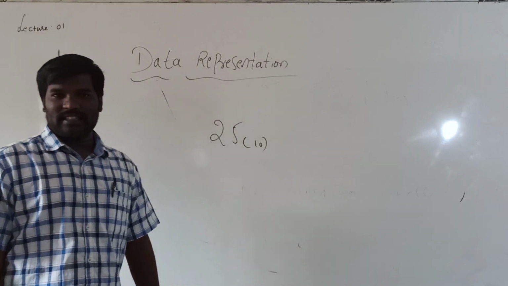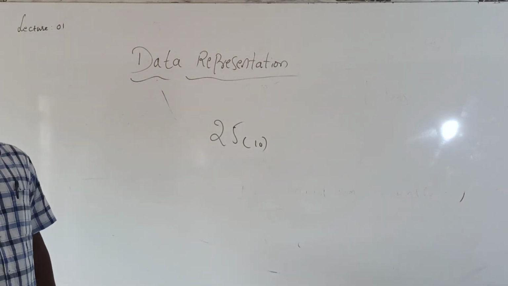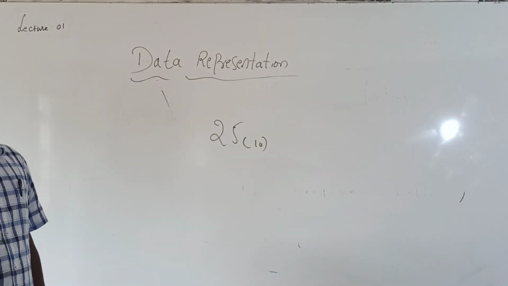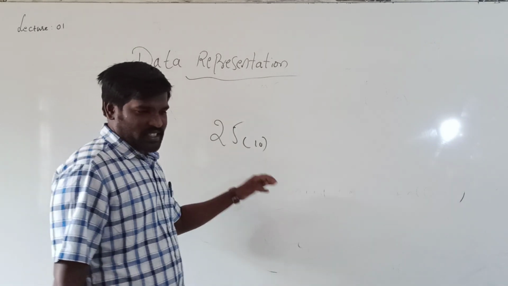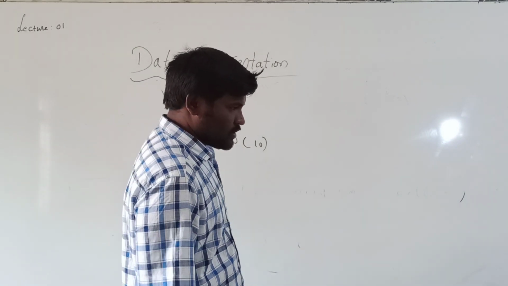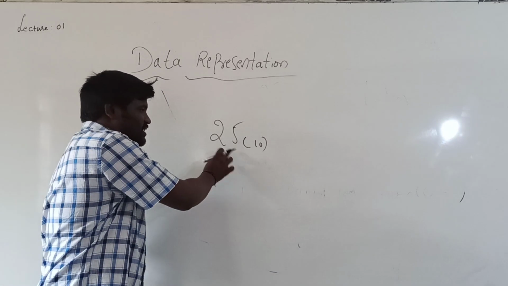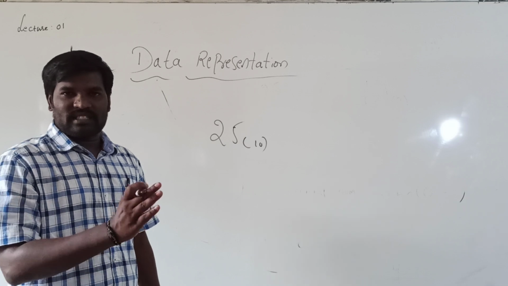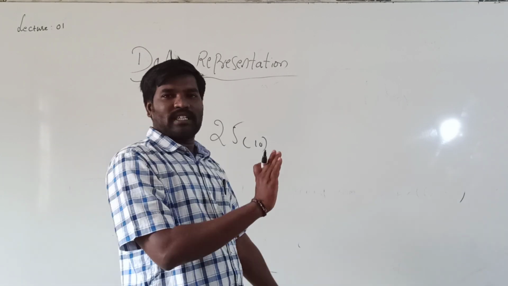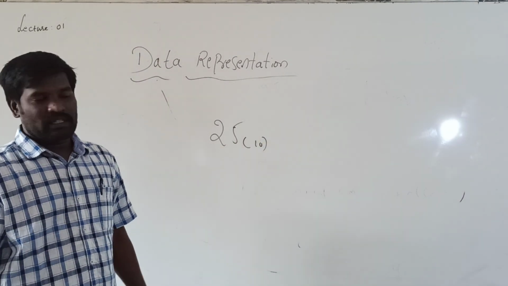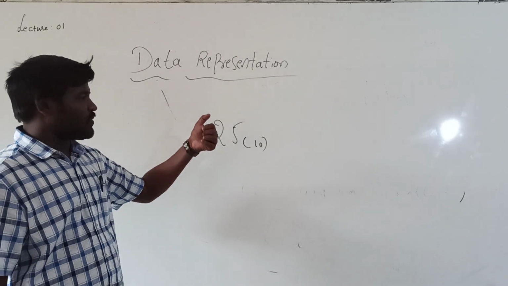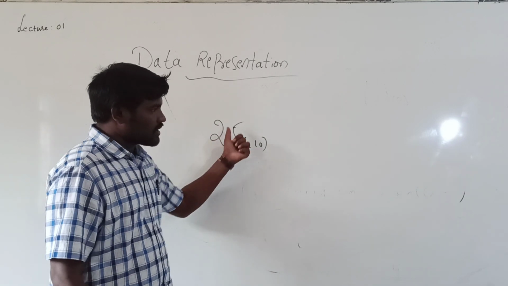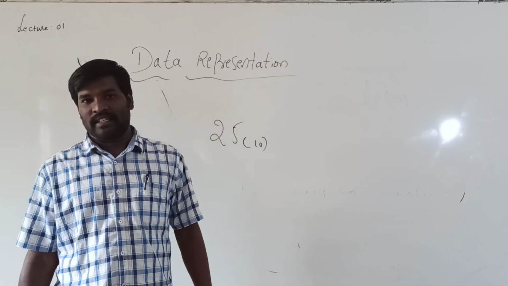So this is the decimal number system. With the help of this decimal number system, now we have to convert this to binary. Conversion from decimal number to the binary number. Here the given question is in the form of decimal, so now we have to convert it to binary.